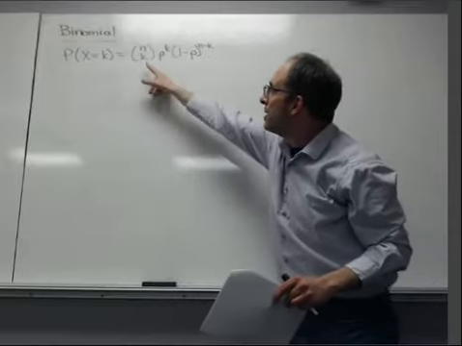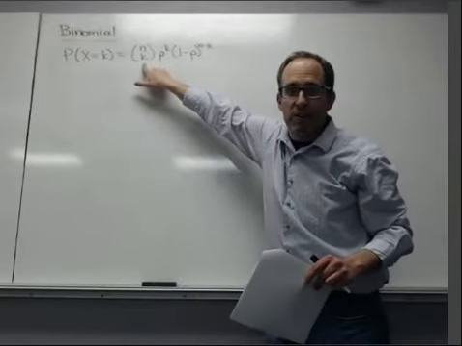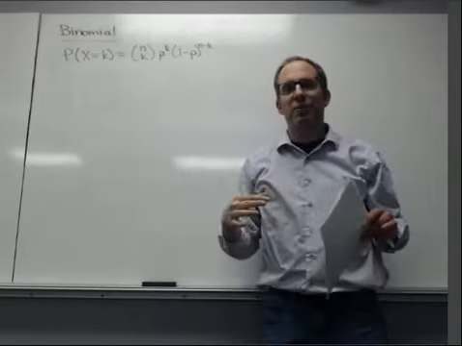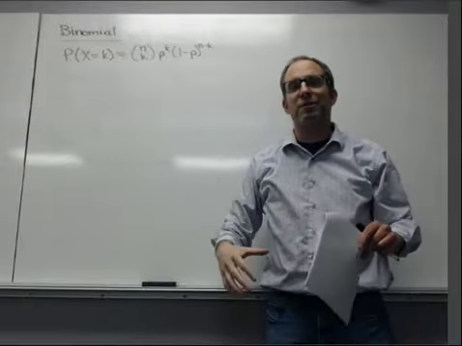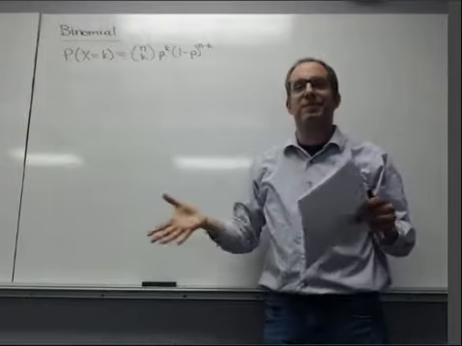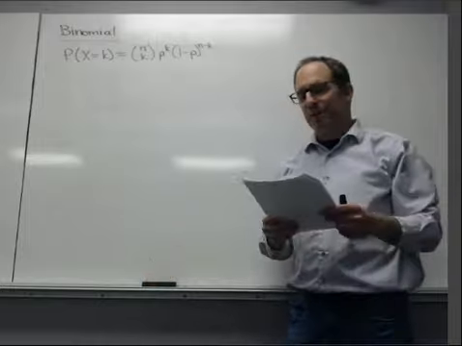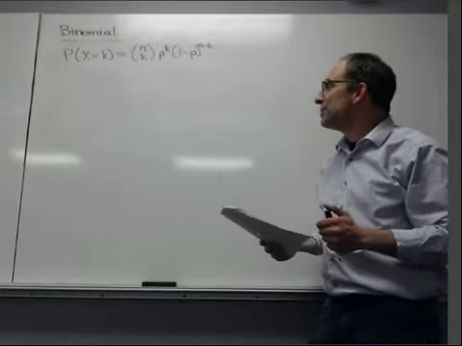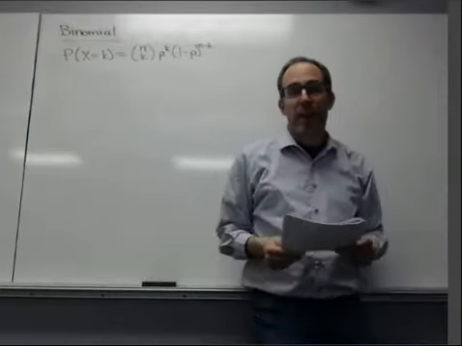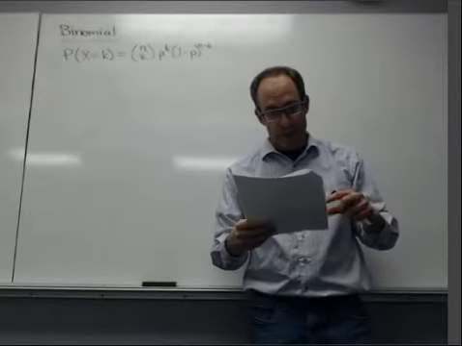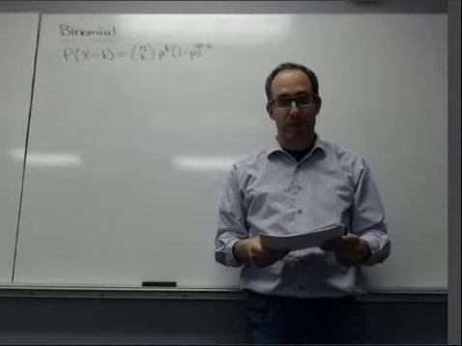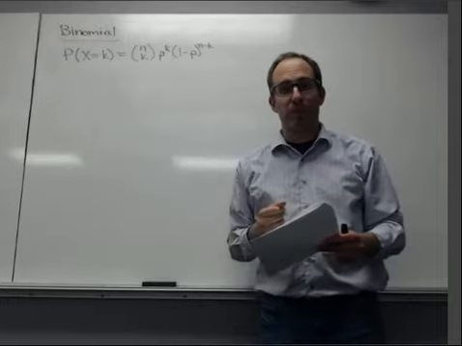And then the n choose k, the combination out in front, takes care of all the different possible arrangements of k successes and n minus k failures. So that would be the function that you would use to compute a binomial probability. And for those examples on this page and the one at the beginning of the next page, that's what we're going to use.